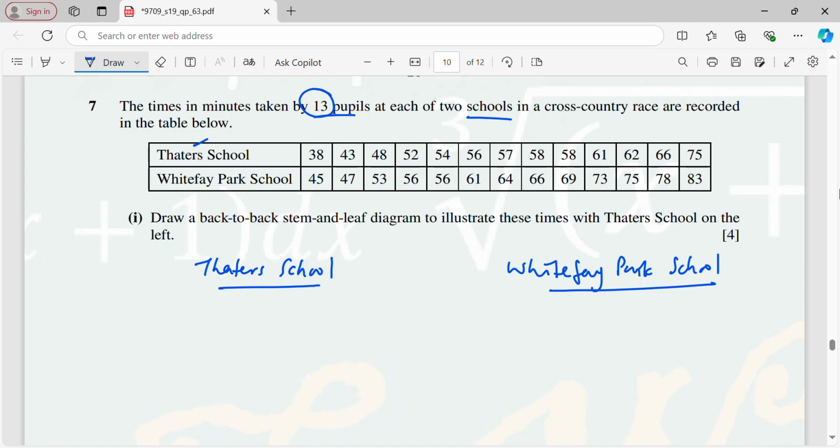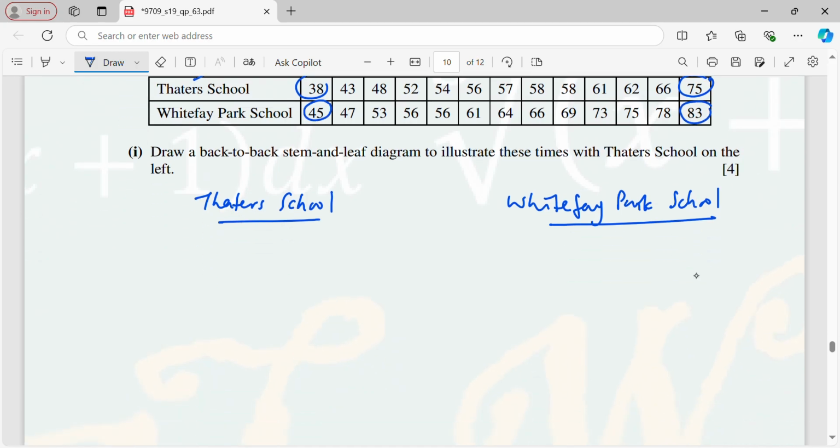Okay, so by looking at here, smallest value 38, here is 75 for the first school, and then 45, and then 83. So it means that the stem should be 3 until 8.